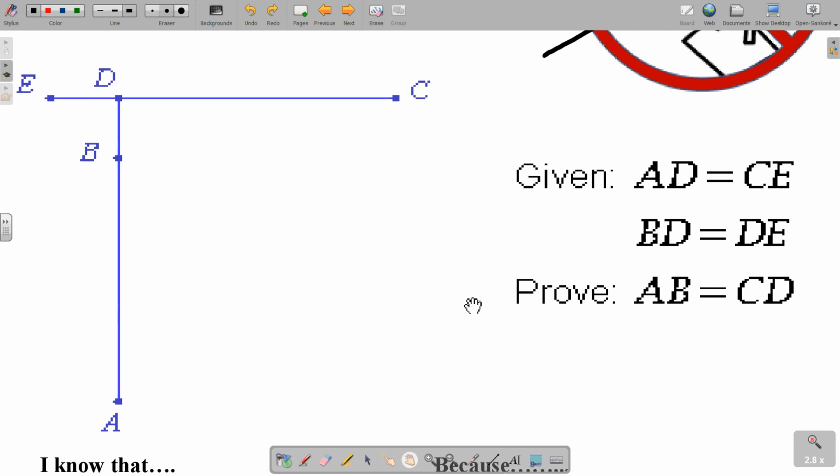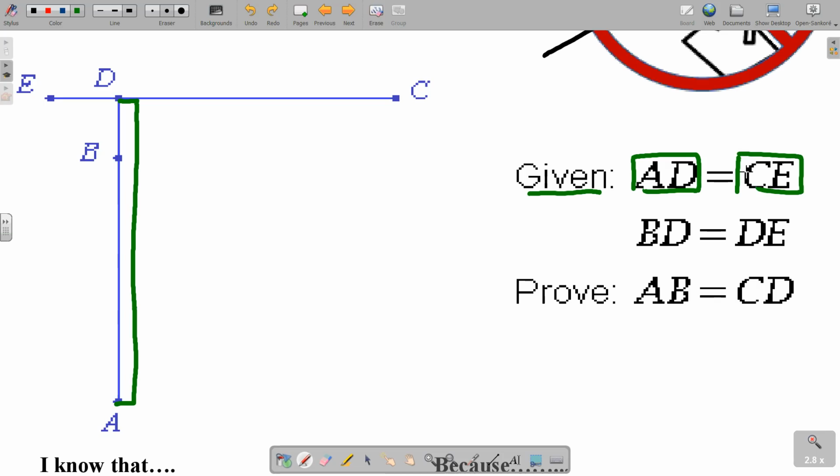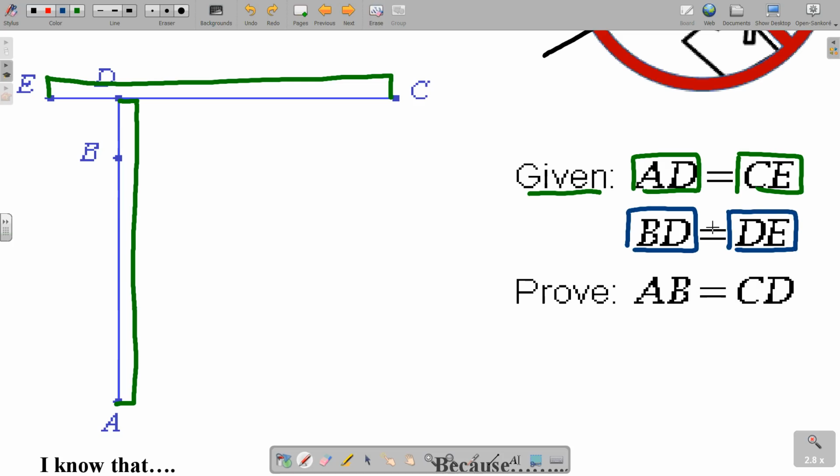Given. I'm going to do given in green, for the first part. We're given that the distance A to D, bracket it, I'm going to use green, is the same as the distance C to E. Again, colors are helpful. We also know that the distance B to D and DE are congruent, so BD and ED.